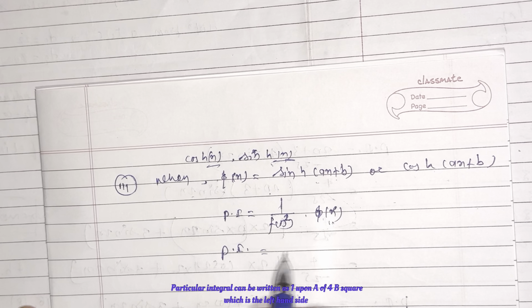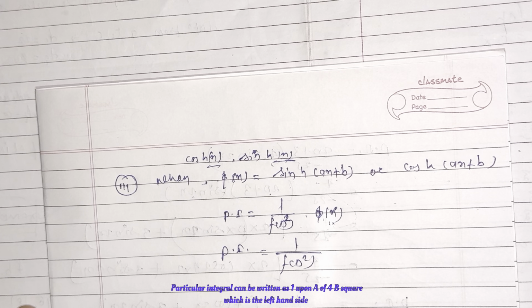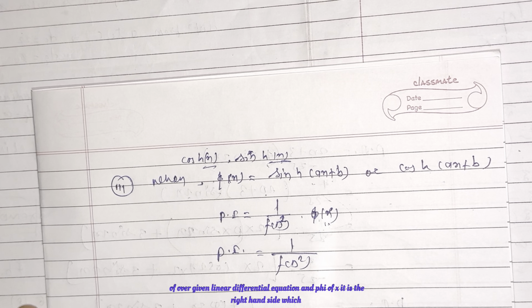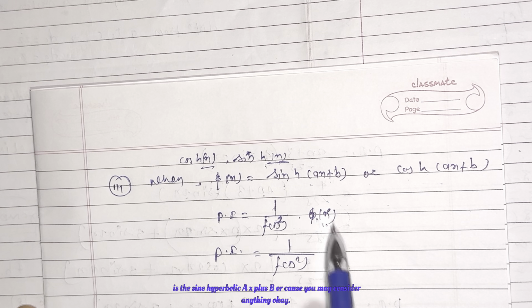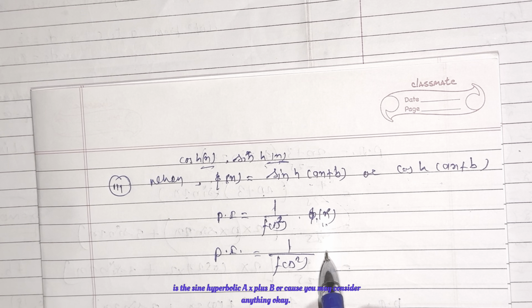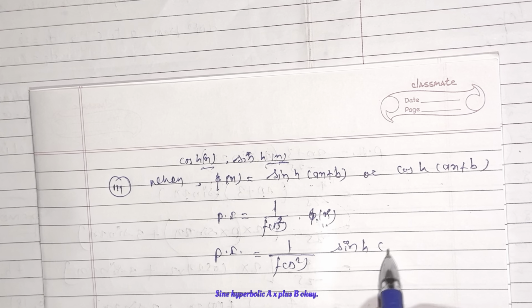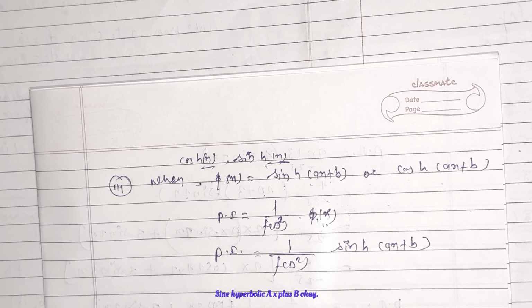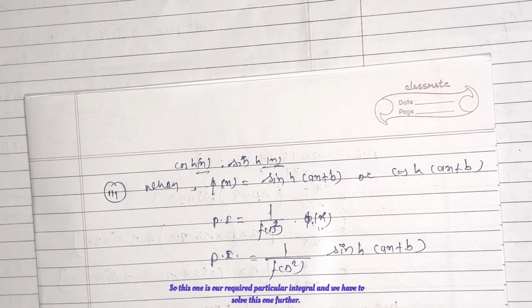The particular integral can be written as 1 upon f of D square, which is the left hand side of our given linear differential equation, and phi of x, the right hand side, which is sine hyperbolic ax plus b, or you may consider cos. This one is our required particular integral and we have to solve it further.